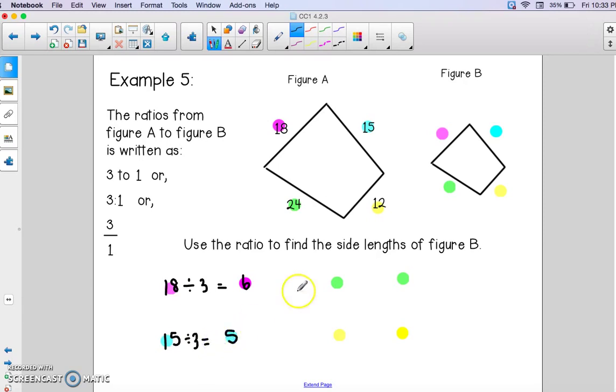And we get 5. 24 divided by 3, and we get 8. And 12 divided by 3, and we get 4. So there it's telling me exactly where my side lengths need to go. 5 with the blue and 4 with the yellow.